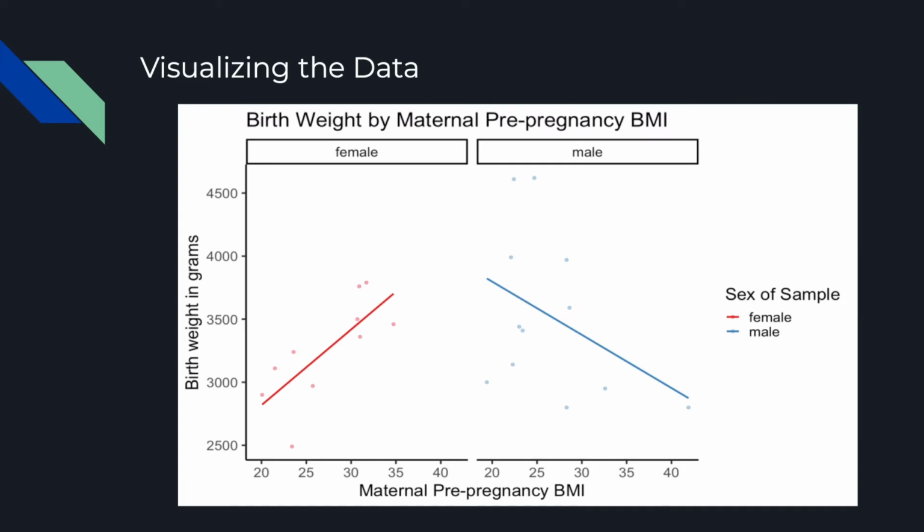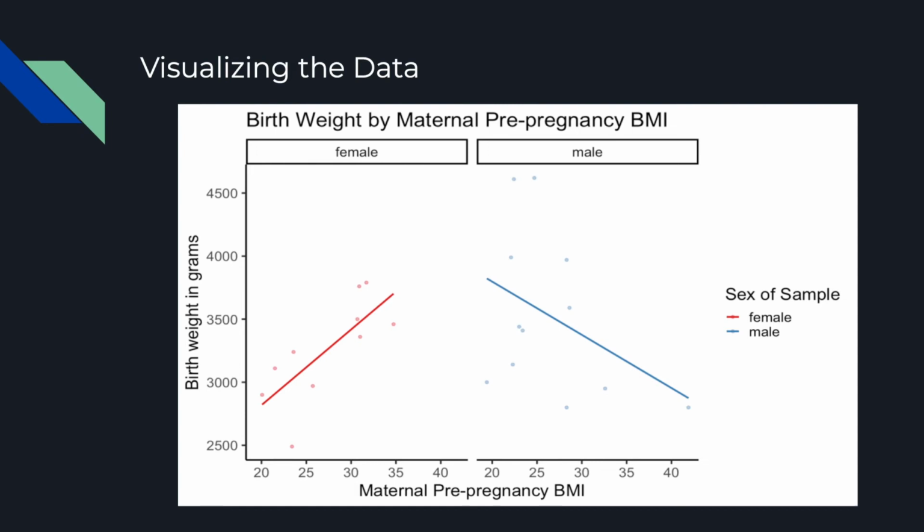What we did was create scatter plots with the independent variable of maternal pre-pregnancy BMI versus the dependent variable of birth weight in grams. And we used facet grid to split those up by female and male for readability.